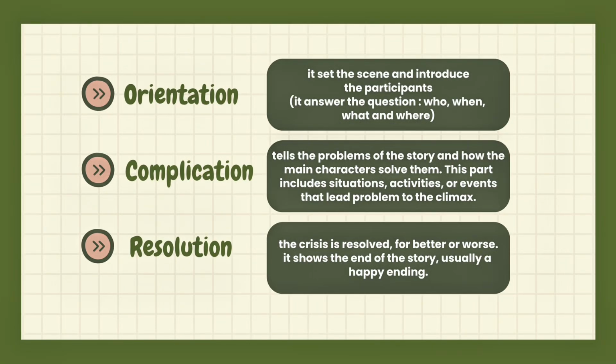This section describes the problem in the story and how the main character solves it. It includes the situation or event that brings the problem to a climax. This section shows when the crisis arises. Complication describes the beginning of the problem until it reaches its climax.